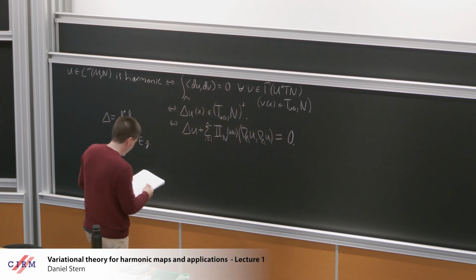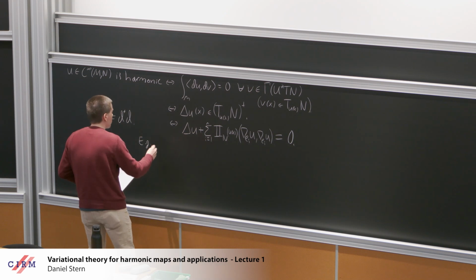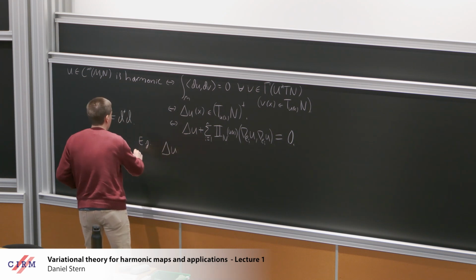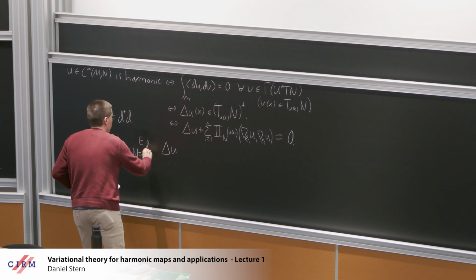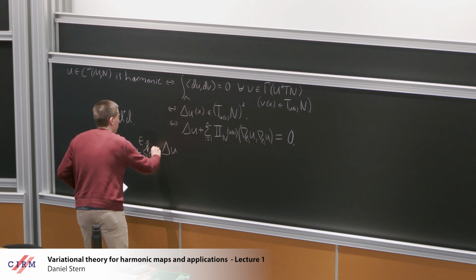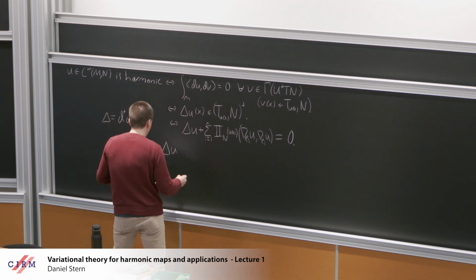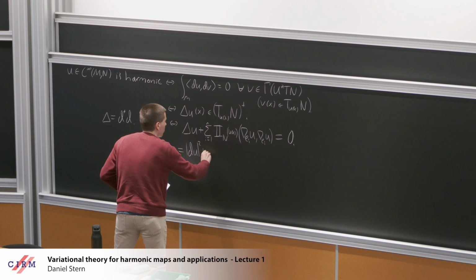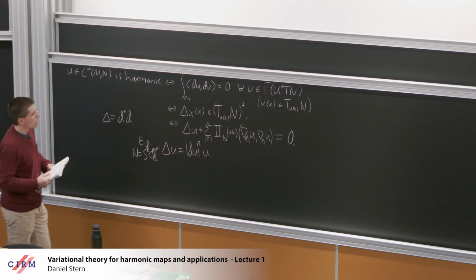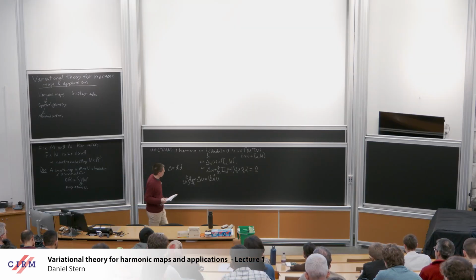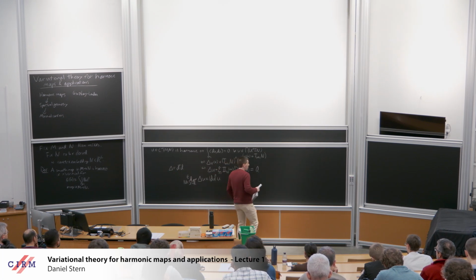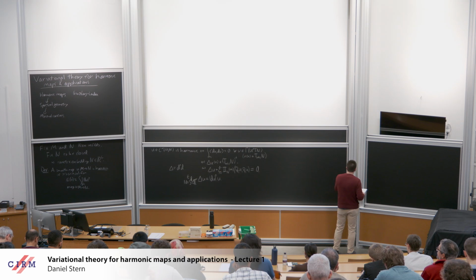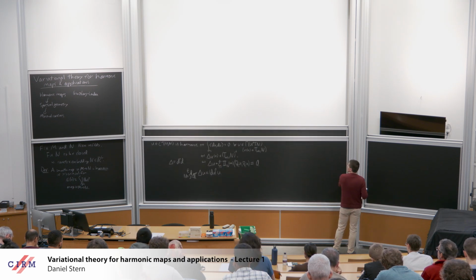So for instance, if your target is a sphere, then this just tells you that the Laplacian of u is pointwise equal to |du|^2 u. So it's nonlinear with this quadratic term in the derivatives, but at least at first it looks like a fairly mild nonlinearity.